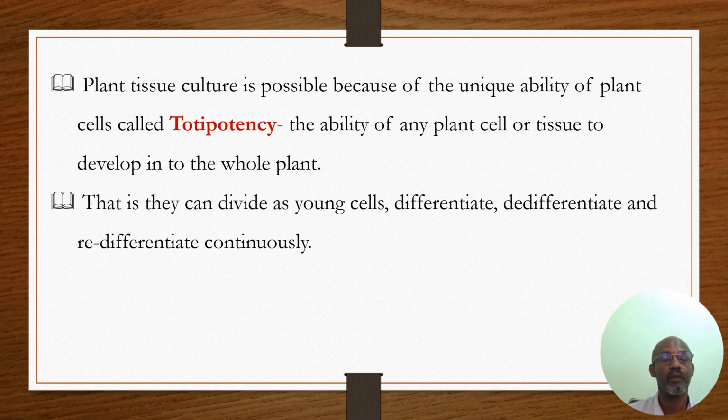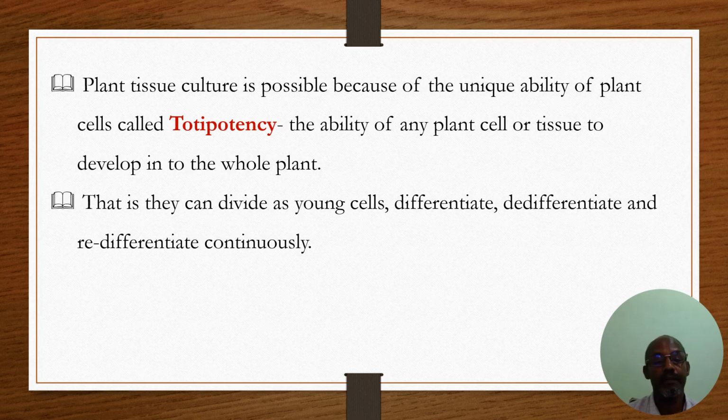The ability of any plant cell or tissue to develop into the whole plant is what you call totipotency. Because of this unique property, you can grow many seedlings, little plants, just by taking sample cells or tissues from a plant.